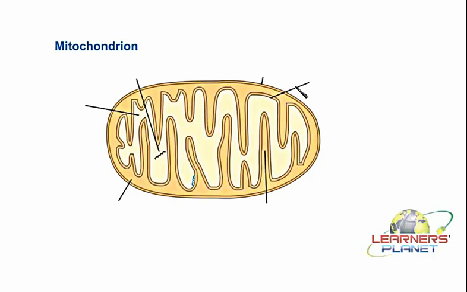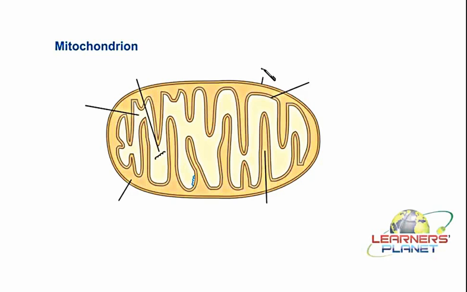So let us see, this structure is there. You can see these outer boundaries which also have inner irregular boundaries, isn't it? So let us label it from this part. The very first part that you should label in the mitochondria is the membrane. Each organelle is surrounded by a membrane, right? In the case of mitochondria, it is a double membrane structure.